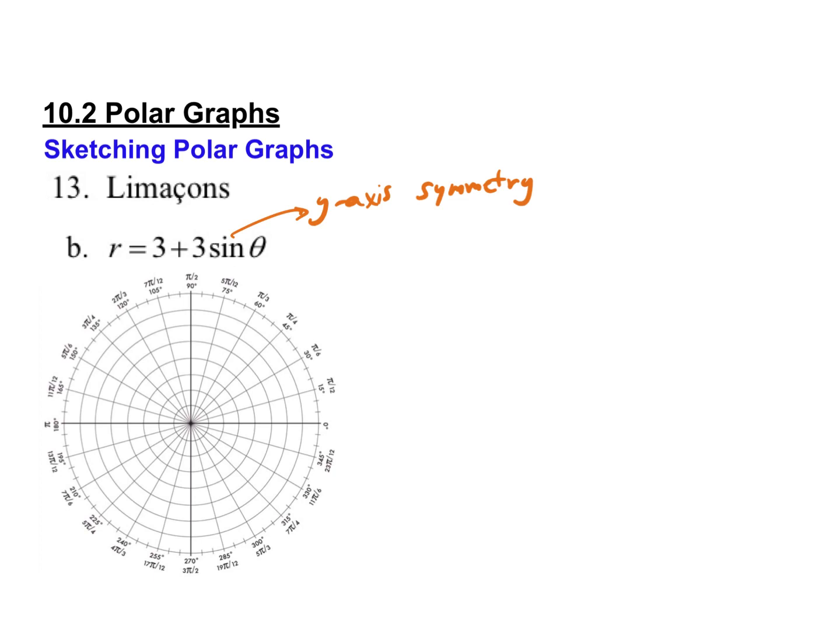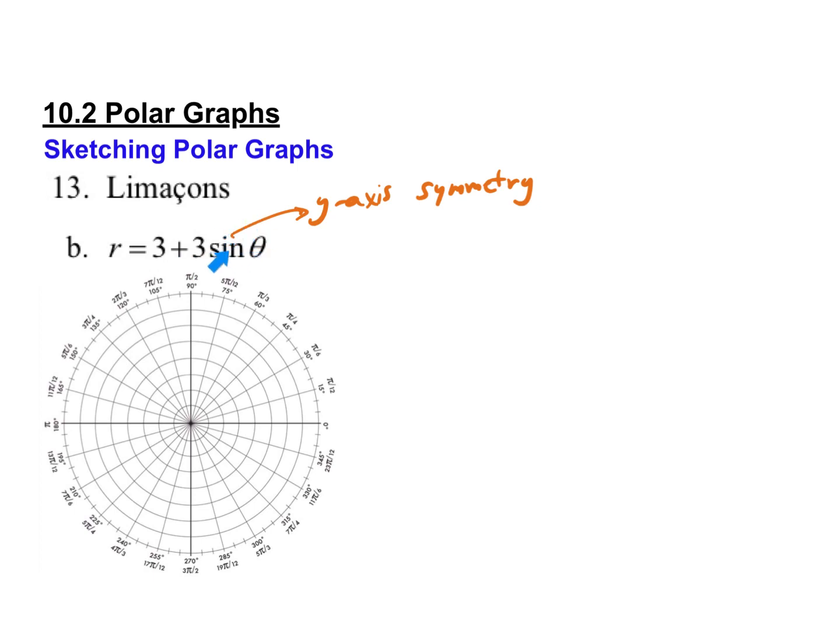Okay. At some point, is it possible for this to ever be 0? What would have to occur for this to equal 0? Sine is -1, okay? And that happens at 3 pi over 2. Could it ever just be 3?